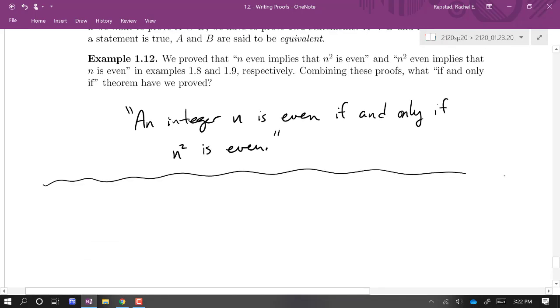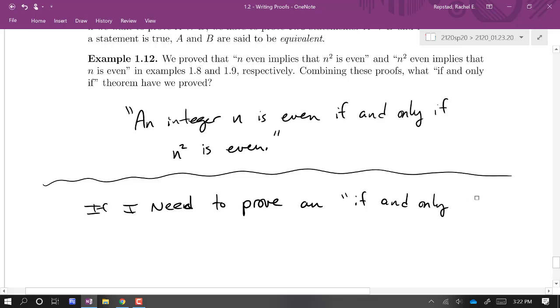I can't stress enough, and in fact I'm actually just going to write out these words. If I need to prove an if and only if proof, then I need to write two proofs.